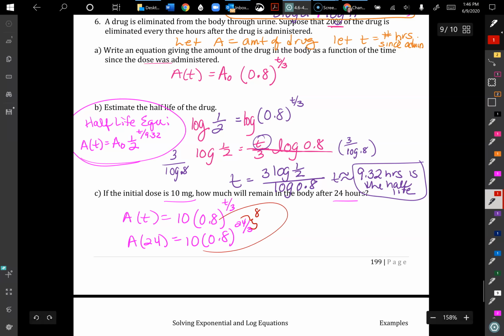So now just calculate this out on your calculator for word problems. That's totally fine. So 0.8 raised to the 8 power times 10, we are going to get 1.68. So it's about 1.68. So our answer would be there is about 1.68 milligrams. Make sure you use units.